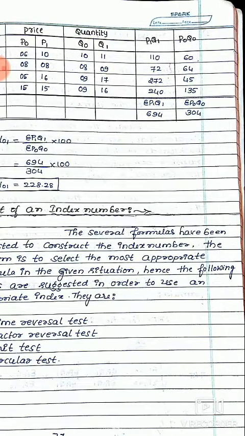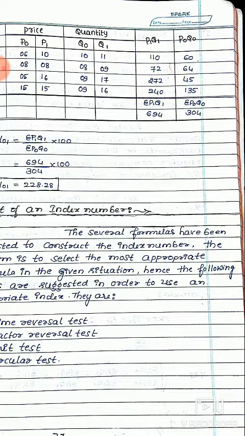Now, we can form the columns. First, P1 Q1, that is current year price into the current year quantity, that is 110, 72, 272, 240.